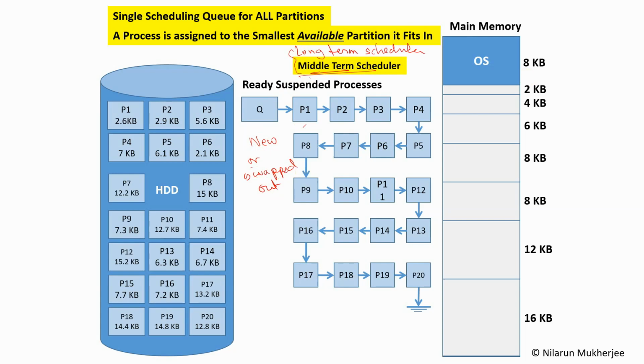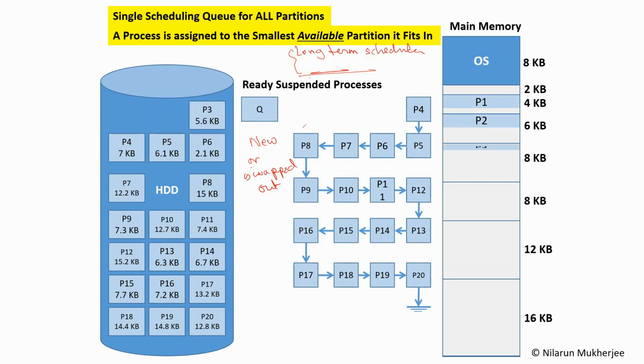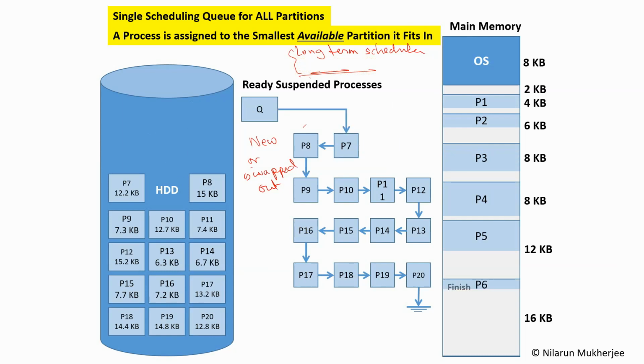So all of them want to get in, so they are put in a single queue, and they will be allocated to a partition which can accommodate them. So P1 will be here, P2 here, P3 here, P4 here, P5 we can load.